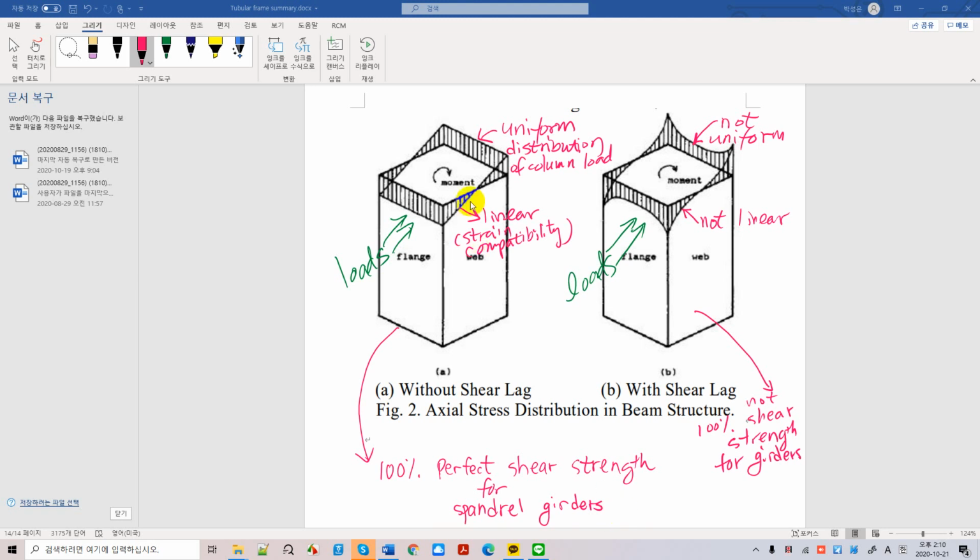So two things: install your columns as close as possible, and provide shear strength for spandrel girders sufficient to provide straight distributions for the web face of the frame and the compression face of the frames.